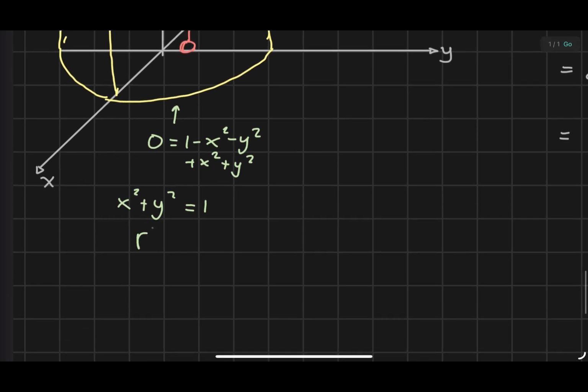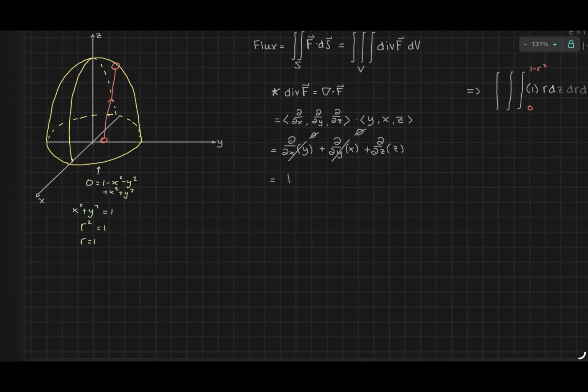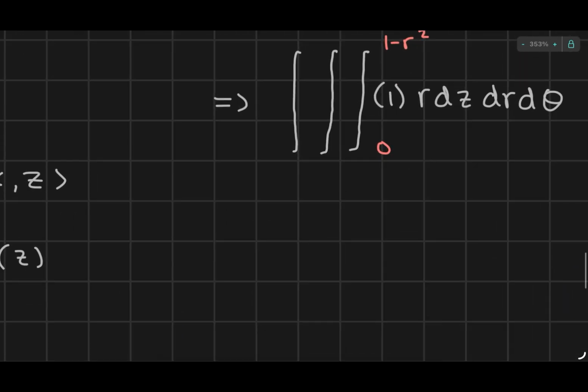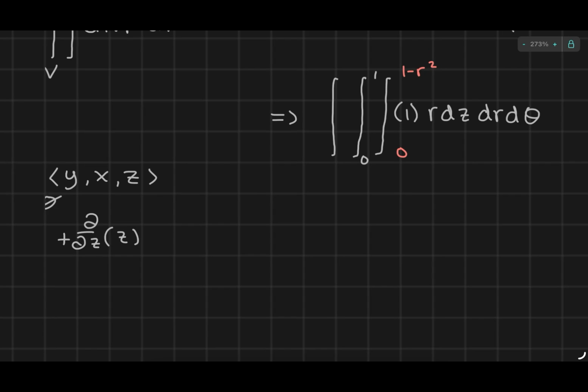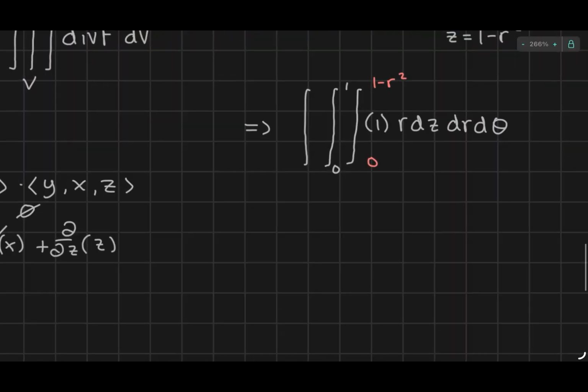Or we can convert it into r squared is equal to 1, therefore r is equal to 1. What that means is, if our r is 1, it goes from 0 to 1. And our theta, well, this is a circle, therefore it goes from 0 to 2 pi. It's not a semicircle, it's a full circle.